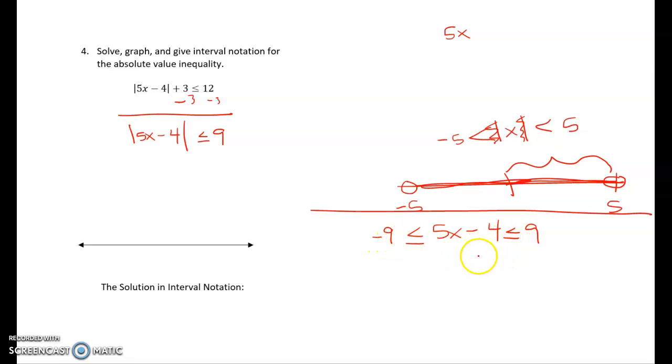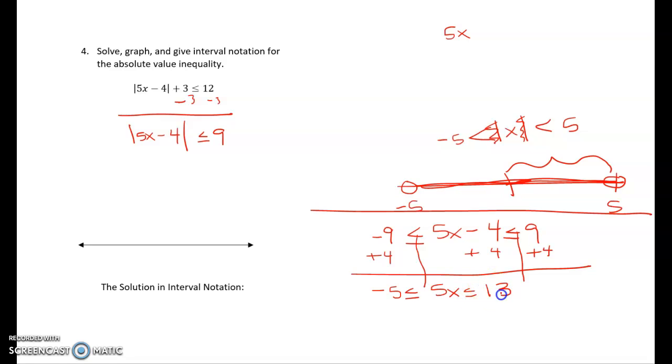Now we're just going to solve it and treat it kind of like a 3-part equation. So we'll add the 4 to all 3 parts. If it helps, you can even draw 2 different lines to see there's 3 parts that all need to be balanced. So -9 plus 4, we get -5 is less than or equal to 5x is less than or equal to 13.